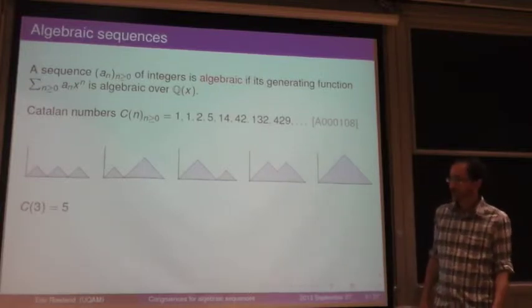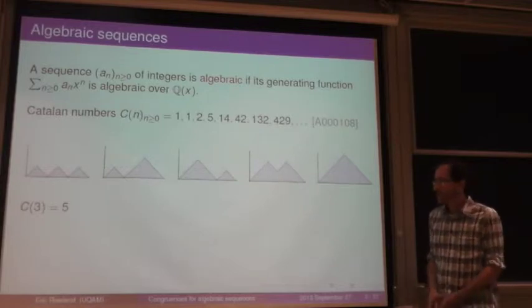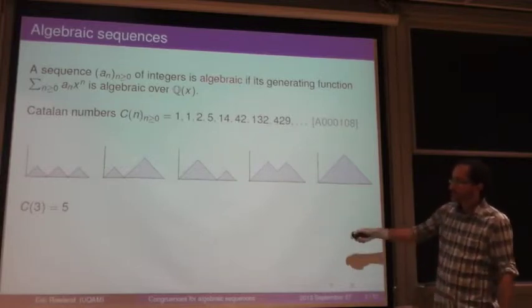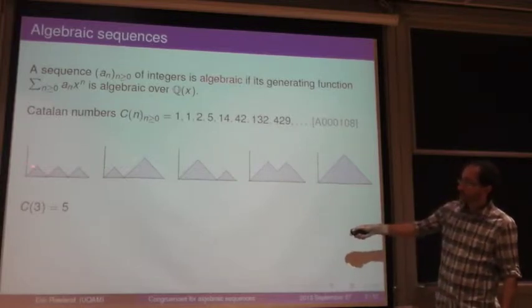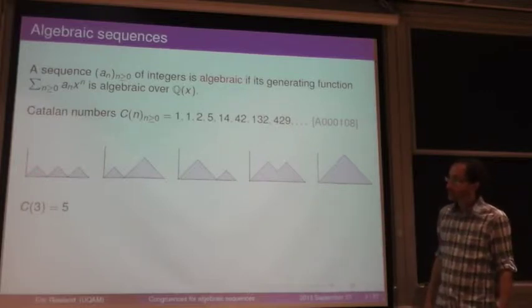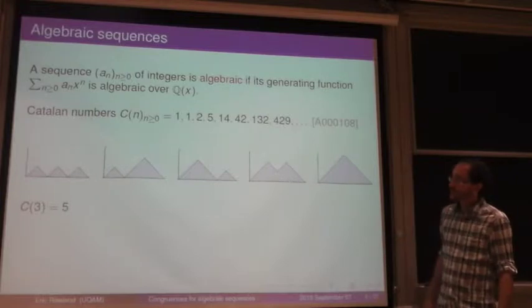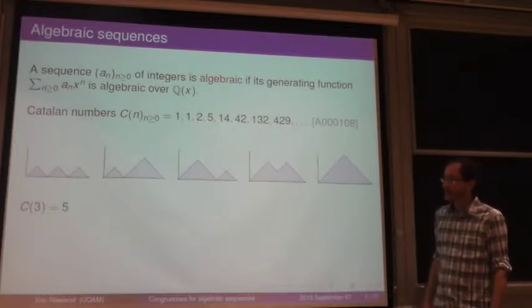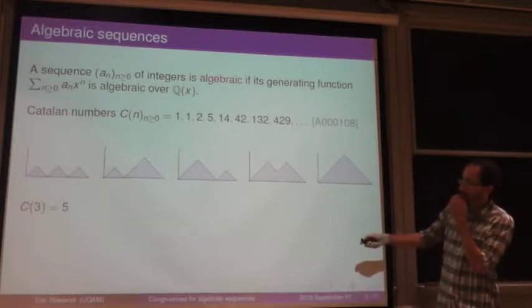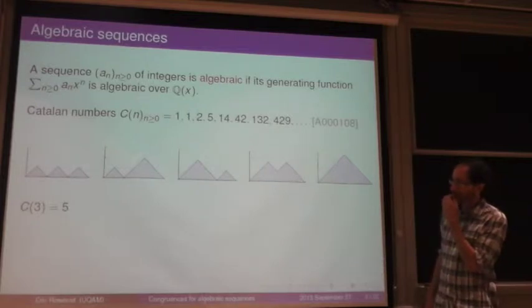For example, it counts the number of lattice paths where you're allowed to step up and to the right and down and to the right. And you want to walk from the origin to, let's say, 2n comma 0 for the nth term. So here n will be 3 since we're walking to 6 comma 0.